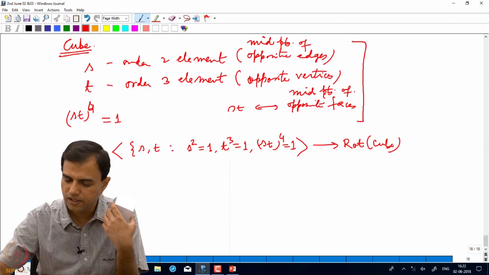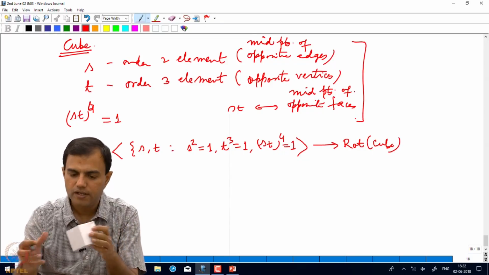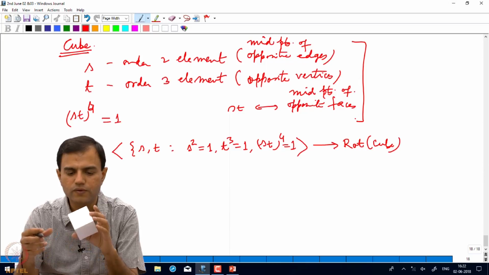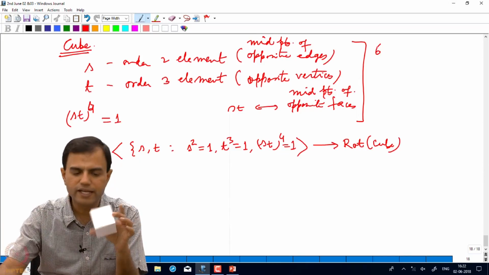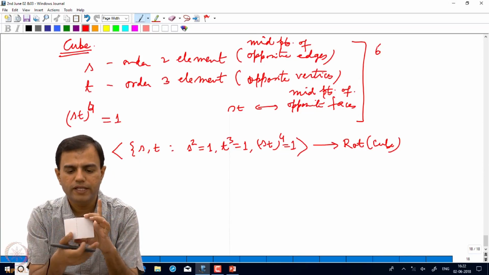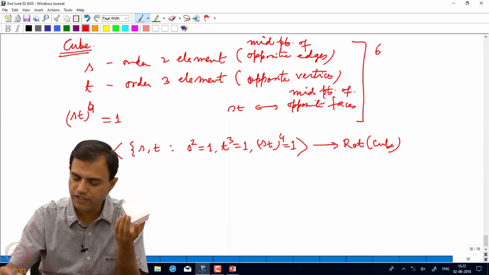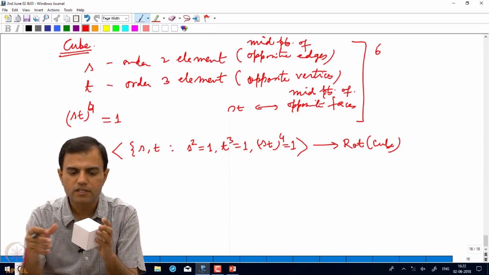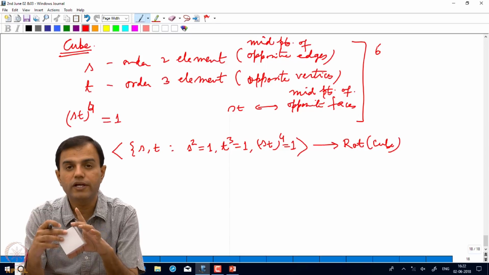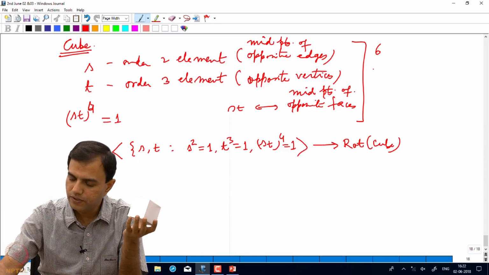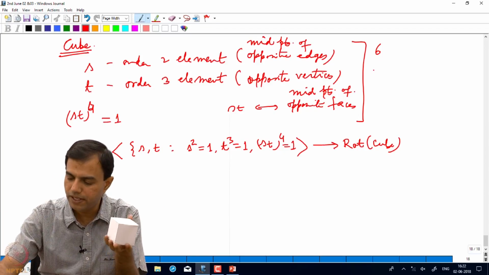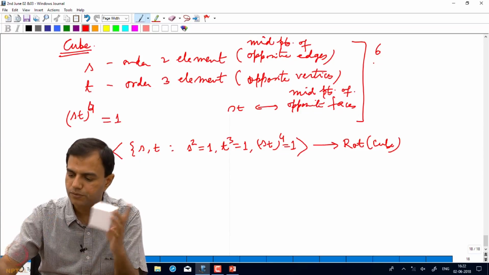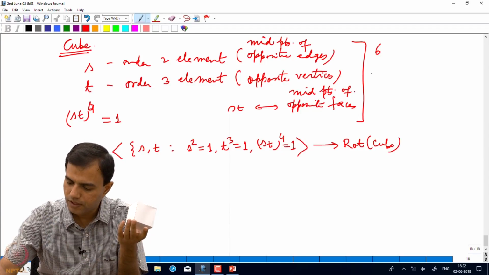Let's count it. So here, how many pairs of edges are there? There are 12 edges. So 6 elements you will get this way, right? And here order 3 elements, you will get 2 times pairs of opposite vertices. So there are 8 vertices. So you will get 4 pairs, and each pair is going to give 2. So you get 4 into 2.